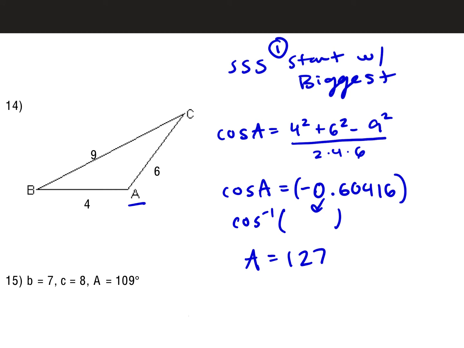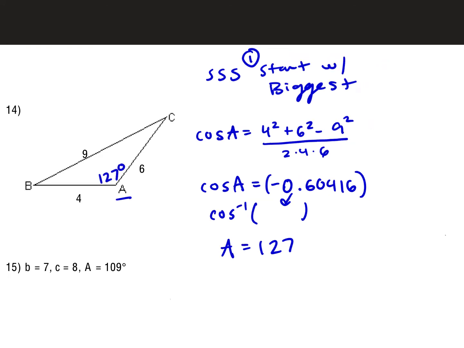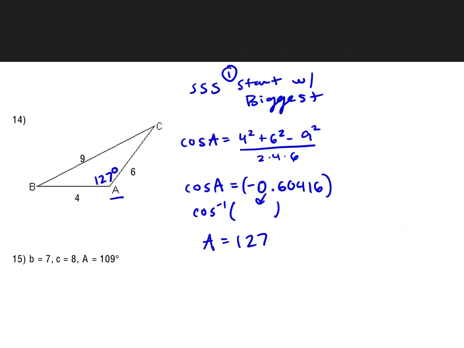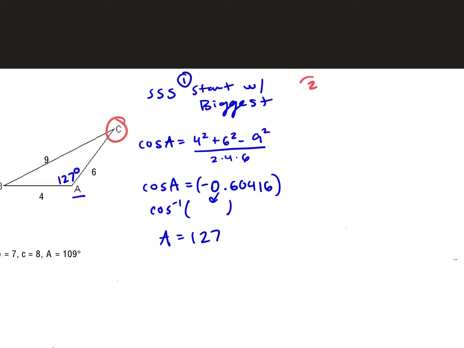Yes. So angle A is 127 degrees. What do we have to find next? The second angle, but which one? Do we want to find B or C? We want to find C because next we go to the smallest. So step 2, you find the smallest.